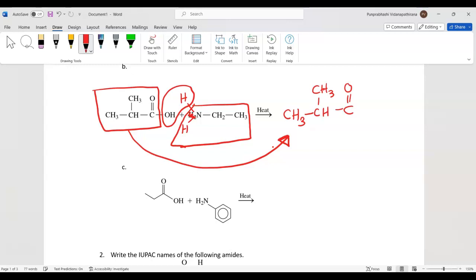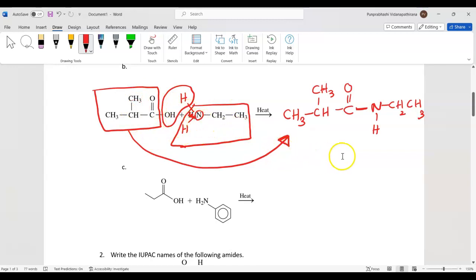That's it. And then we need to make the amide bond. This bond is with this nitrogen atom. And all other atoms present with this amine will remain as they are, CH2, CH3. So that's the amide that forms by reacting these two compounds.